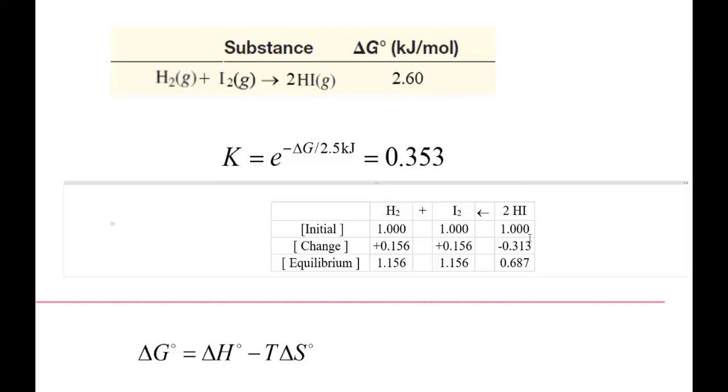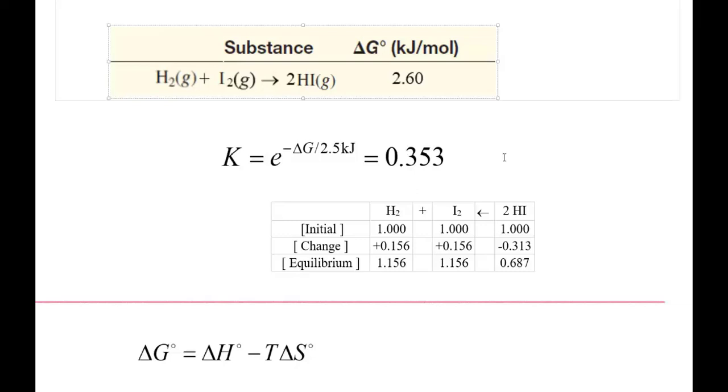And we lost some of our hydrogen iodide, and notice I did it stoichiometrically. Our change is always stoichiometric, 2 to 1 to 1. And when we're done, when we've reached equilibrium, we no longer have 1 for our hydrogen iodide concentration. We have 0.687. And we have now more hydrogen and iodine. So a positive delta G, if it's a small value, is not going to be much of a change, but it will have this reaction go backwards.